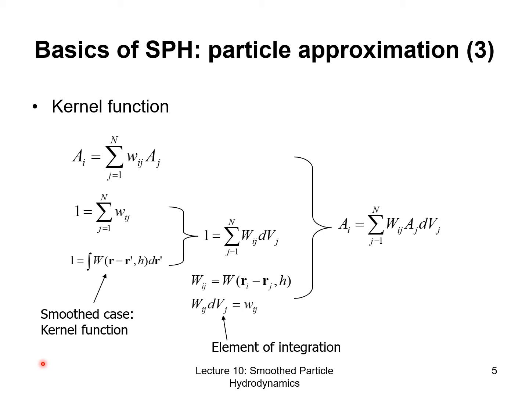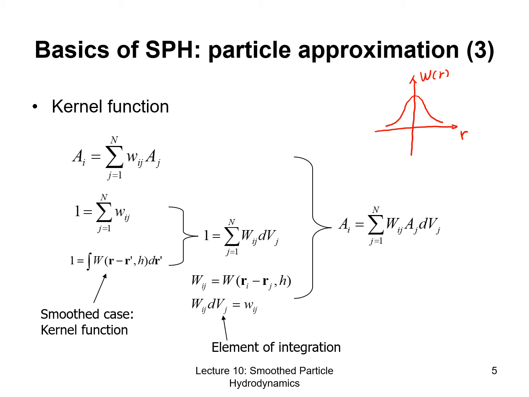With this condition, we can choose one function which has a decay property like this. So if we choose a function W(r), and if we relate it with distance, if distance is small, then it has a big value. If distance is large, then it has a smaller value. With this form, we can define a kernel function that gives this weight.